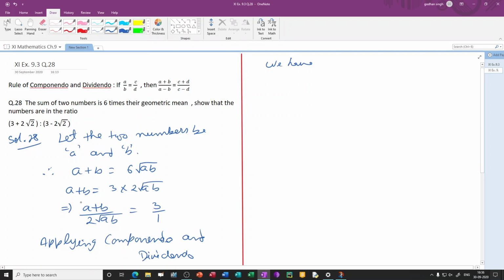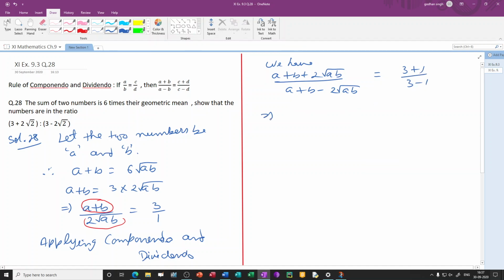So this numerator is to be taken as a, according to the rule, and this as b. So this is a by b, and this is c by d. So this 3 is our c and 1 is our d. So applying this rule, a plus b over a minus b, we have a plus b plus 2 root ab over a plus b minus 2 root ab, and that is equal to 3 plus 1 over 3 minus 1.